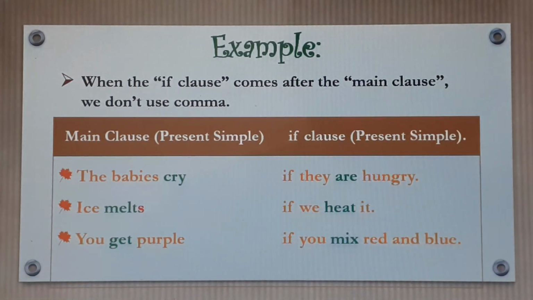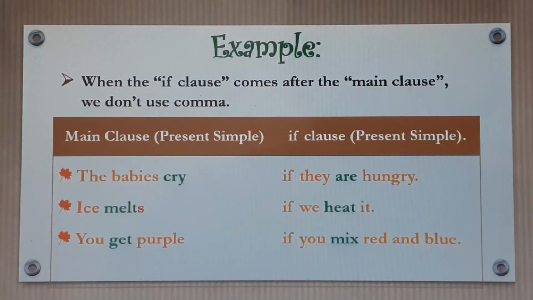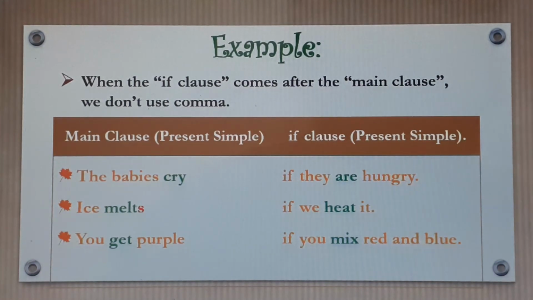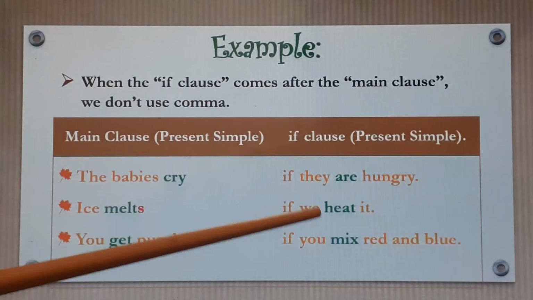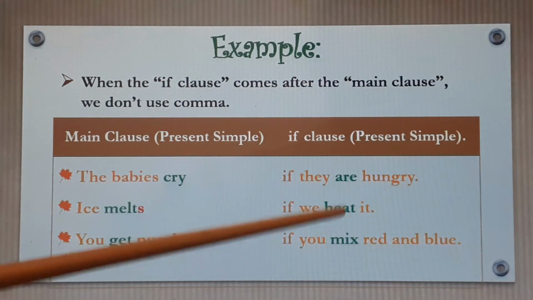Here, for the second example, ice is the subject. It's singular. So we use s for the verb. Okay? While in the if clause, because the subject is we, we don't need s for the verb.